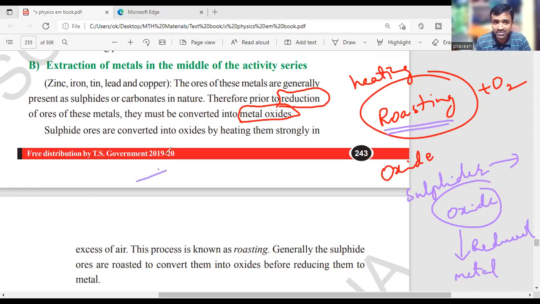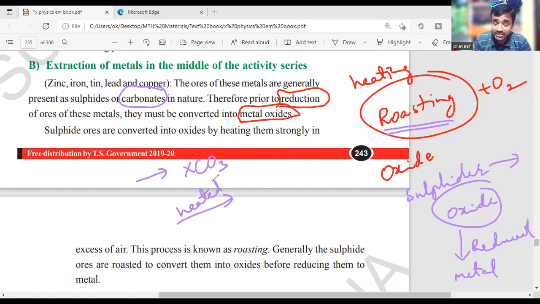Then one more process is there, because you have the carbonate form also. For metal carbonates, you can supply oxygen partially or in the absence of oxygen, so it gets heated. It is nothing but a decomposition reaction.